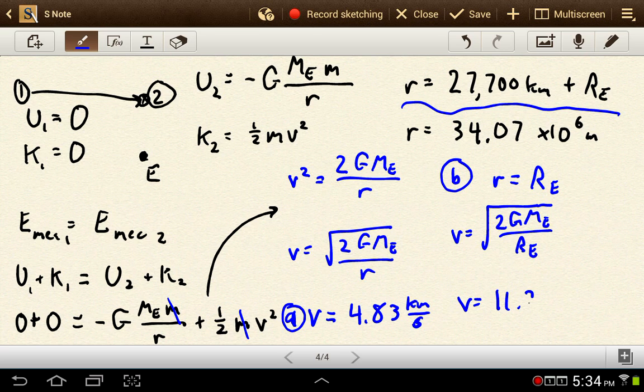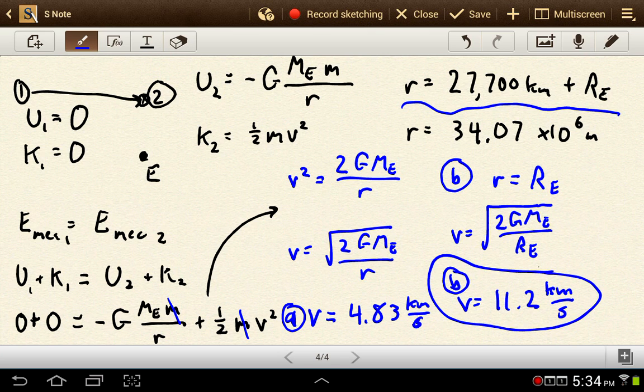And this might or might not be a familiar number to you. It might be familiar because it is, in fact, the escape speed for the surface of the Earth. And the reason why is because really this is an escape trajectory run backwards. So remember that for escape speed, the key is mechanical energy equals 0, right? And we started here with mechanical energy equals 0, and then we fell in.